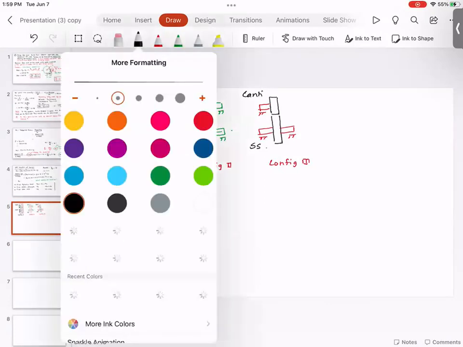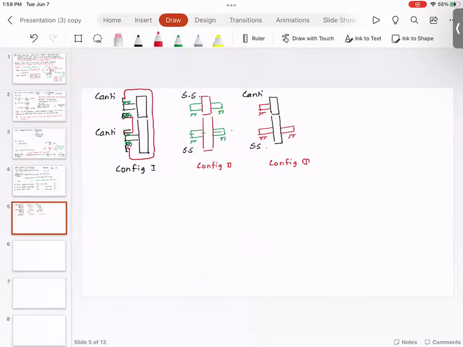Now, if you look at this second configuration, then you're going to have something like this. Again, you're going to have bearings here.